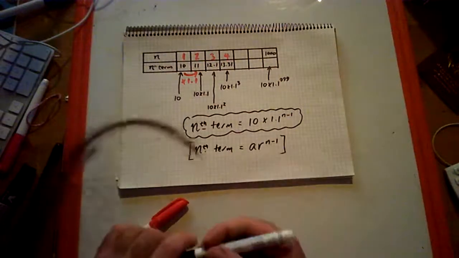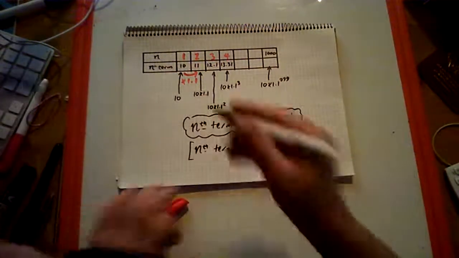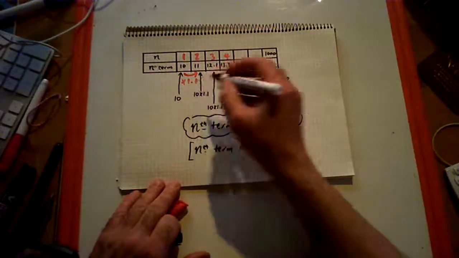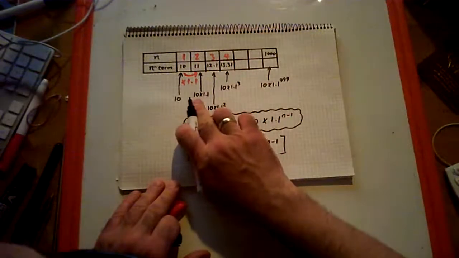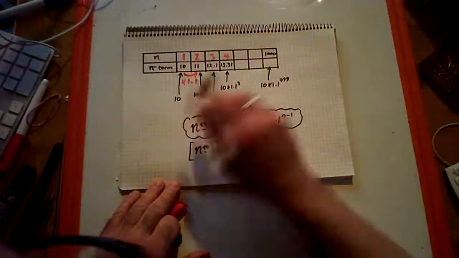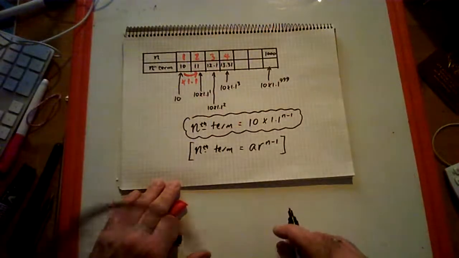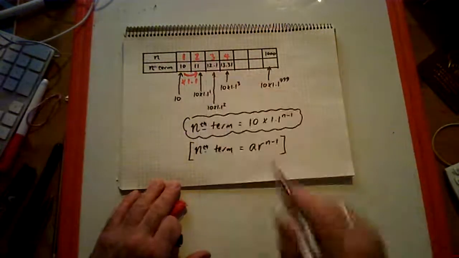And in fact, these formulas even hold for the first couple of terms, because if you think of the second term as being the 11, that's 10 times 1.1, which is the same as 10 times 1.1 to the power of 1. So 1 is just less than 2.